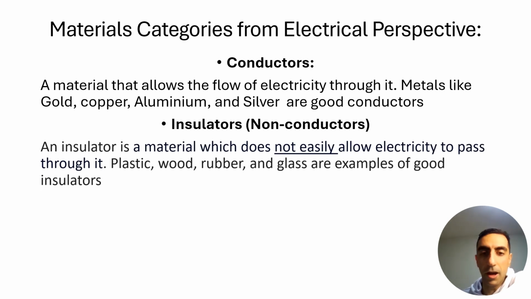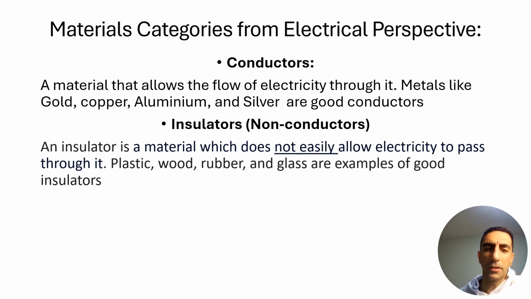The opposite of conductors in electricity are non-conductors, which we know as insulators. An insulator is a material which does not easily allow electricity to pass. Why do we say does not easily allow?